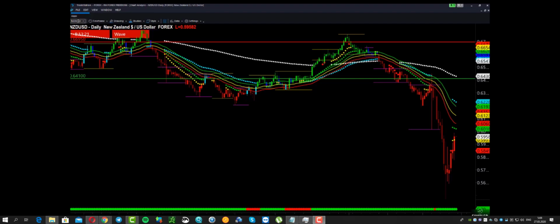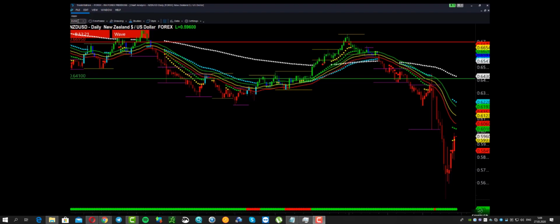That then, the knock-on effect, is it's going to affect the way in which Australia and New Zealand trade is conducted with China, which is ultimately going to be pretty bearish for that currency. Again, bullish US dollar, bearish Australian, bearish New Zealand.